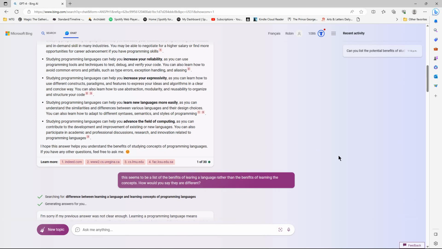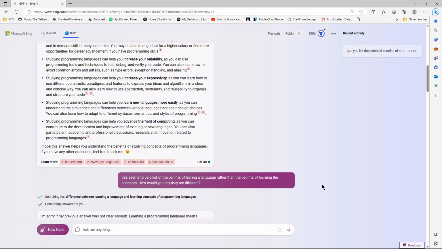Again, something you've got to be really careful of here is often the answer that it's giving to the question isn't really an answer to the question you gave, if that makes sense. And I've said, so this seems to be a list of the benefits of learning a language, rather than the benefits of learning the concept.